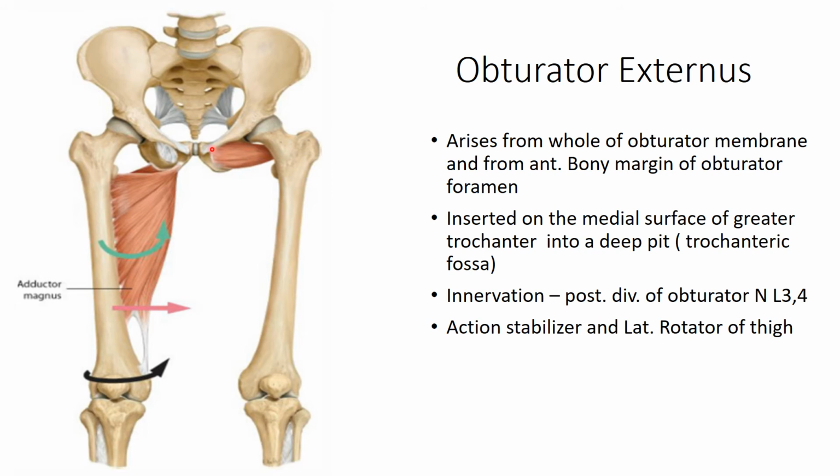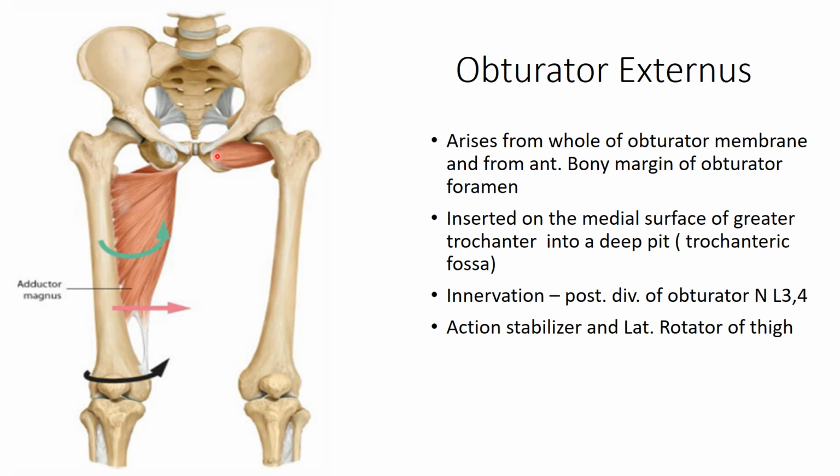And this membrane as well as this muscle both fall short, and they don't cover this gap, this obturator foramen, completely. So that's why there is a gap. Both membrane and muscle fall short of this obturator foramen.